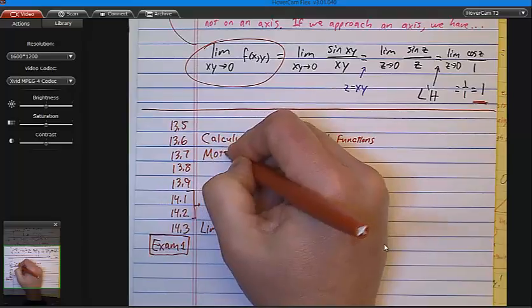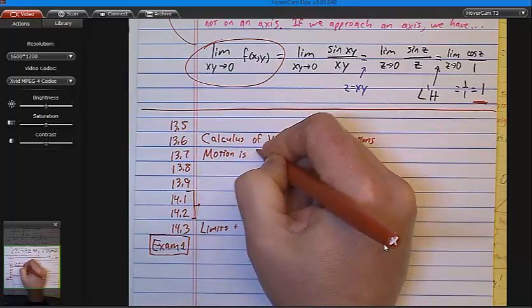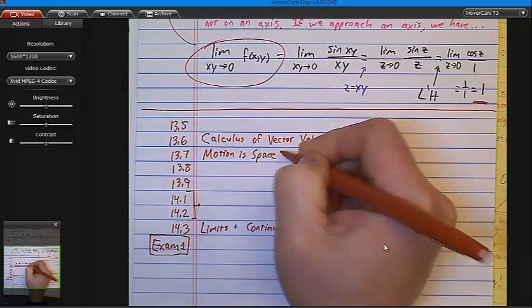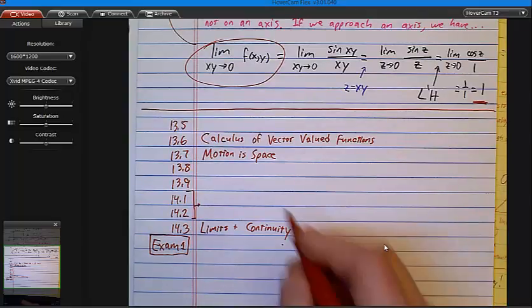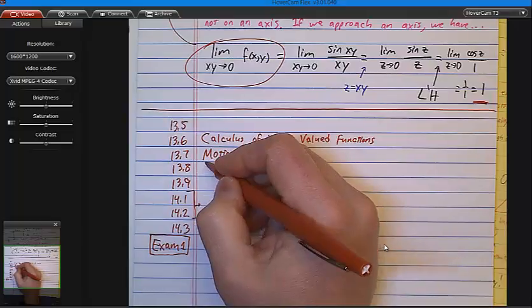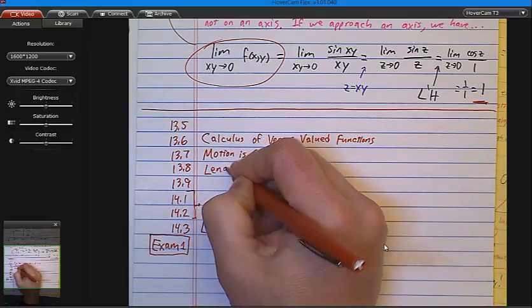13.7, we talked about motion in space. So how your velocity is r prime of t, and your acceleration is r double prime of t. And if you take the magnitude, you can get the speed, for instance, right? When we got to 13.8, we talked about length of curves.